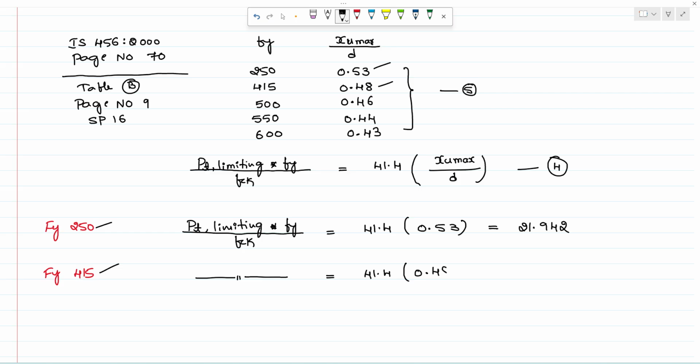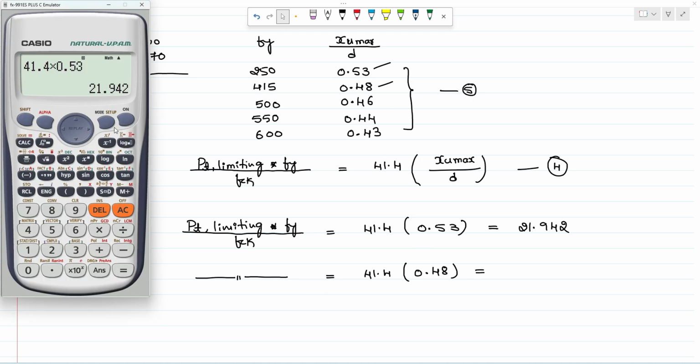So let me simplify this. 41.4 multiplied by 0.48, so it is 19.872.